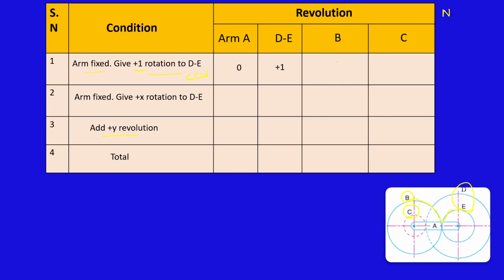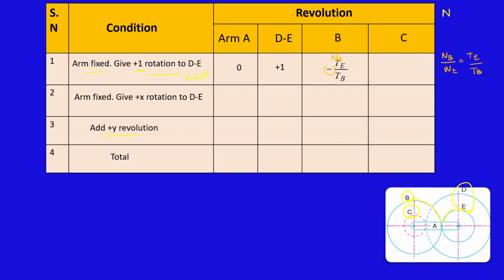Next, we need to find the speed of gear B. NB divided by NE, since B touches with E, equals minus TE divided by TB.